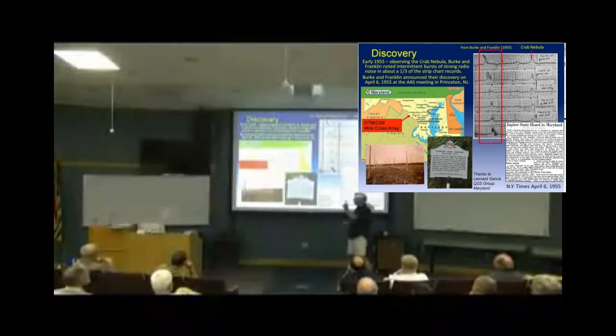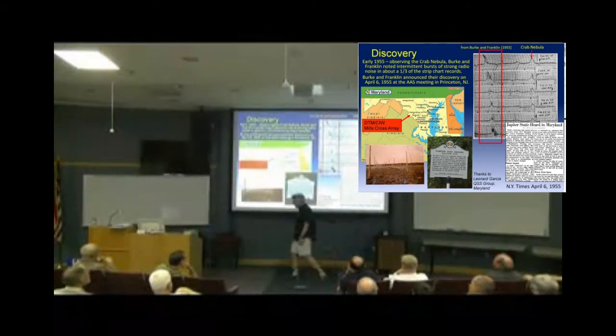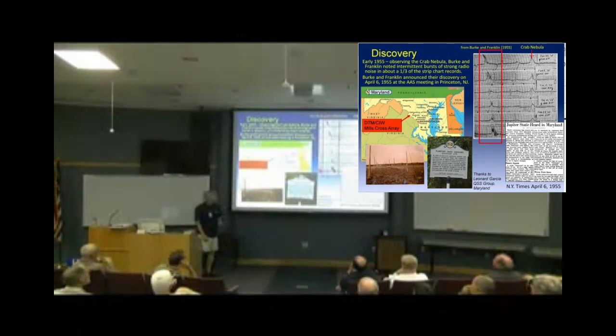You can drive down River Road near Potomac, Upper Potomac, and you can see where we discovered Jupiter radio signals.